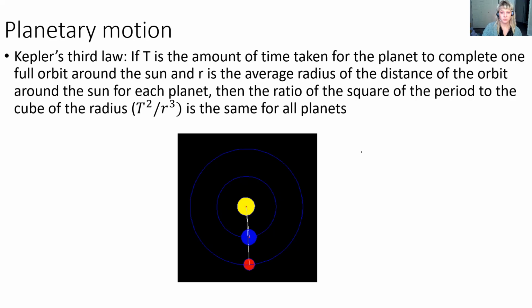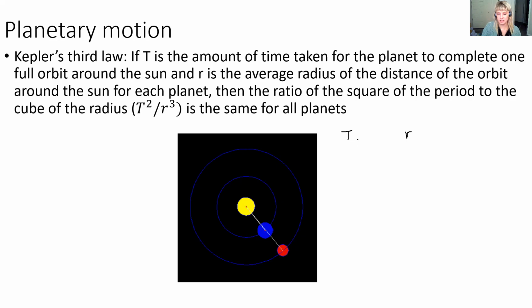So what Kepler did was basically he tracked what is the period of Earth, what is the period of all the other planets? He was able to do that amazingly enough back then. So he tracked their periods, and he was able to determine the distance of each planet from the sun. And he looked at, is there any relationship between these for each of the planets?